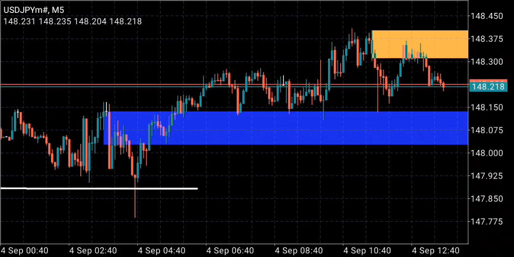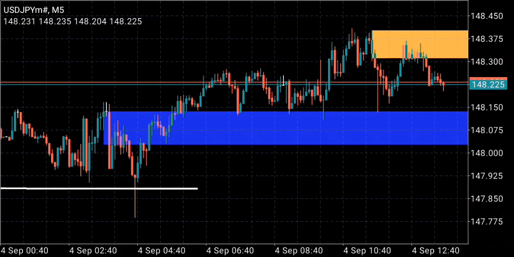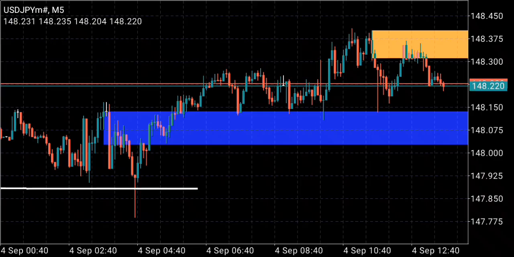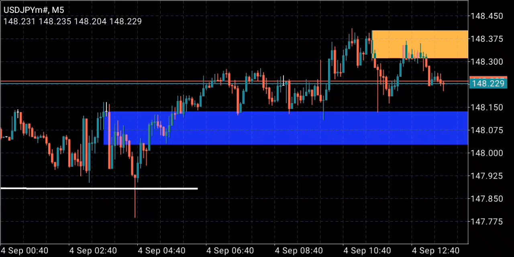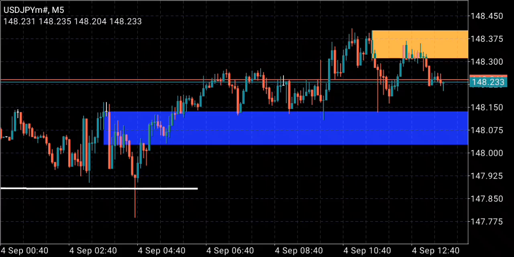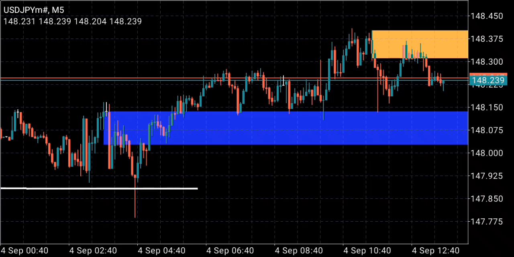So you can see that price seems to be gravitating towards the blue shaded area right after it found some kind of resistance on that yellowish shaded area.